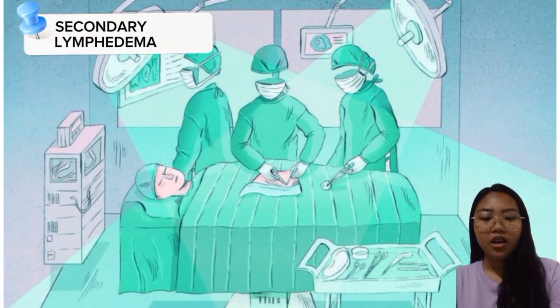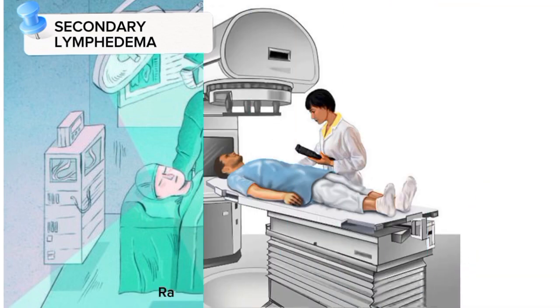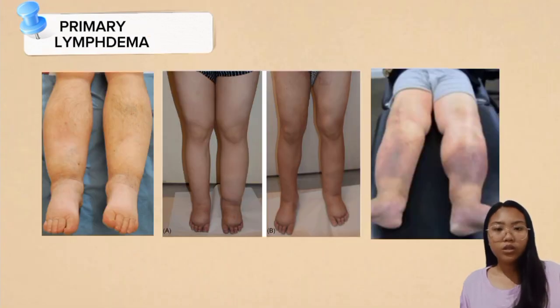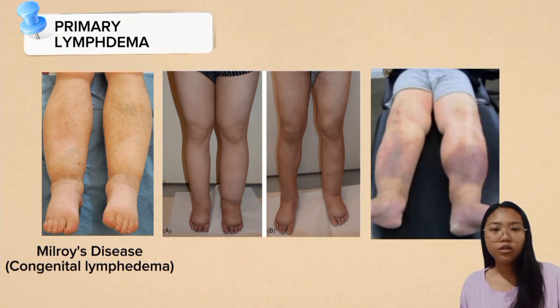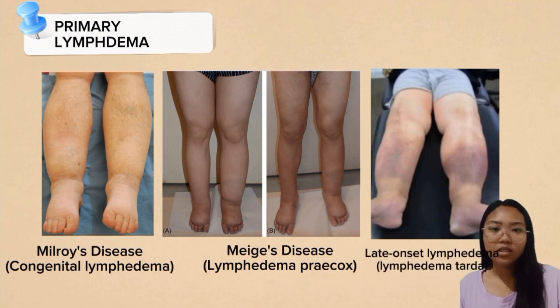Secondary lymphedema results from surgery that removes or injures lymph nodes, or radiation treatment for cancer. The causes of primary lymphedema are Milroy's disease, also known as congenital lymphedema, Meige's disease, also known as lymphedema praecox, and late onset disease, also known as lymphedema tarda.